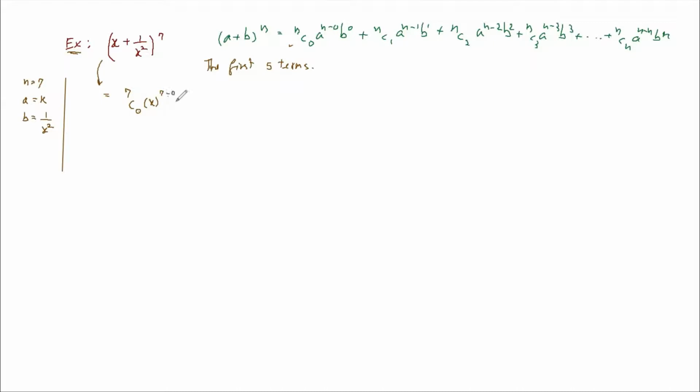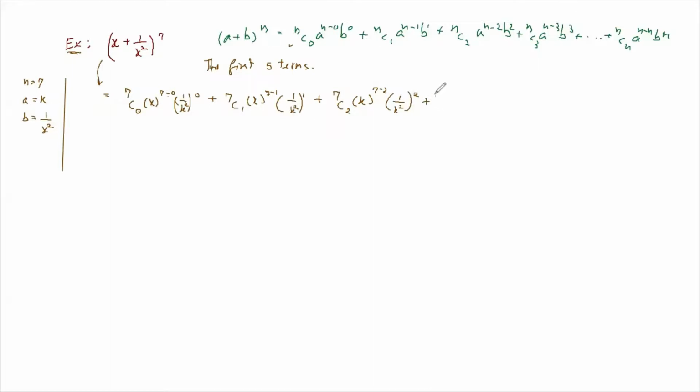So this is x^(7 minus 0), and then b is 1 over x power 2, power 0, plus 7C1, then x is 7 minus 1, and this one is 1 over x power 2, power 1, plus 7C2 x power 7 minus 2, and then 1 over x power 2, power 2. 0, 1, 2.